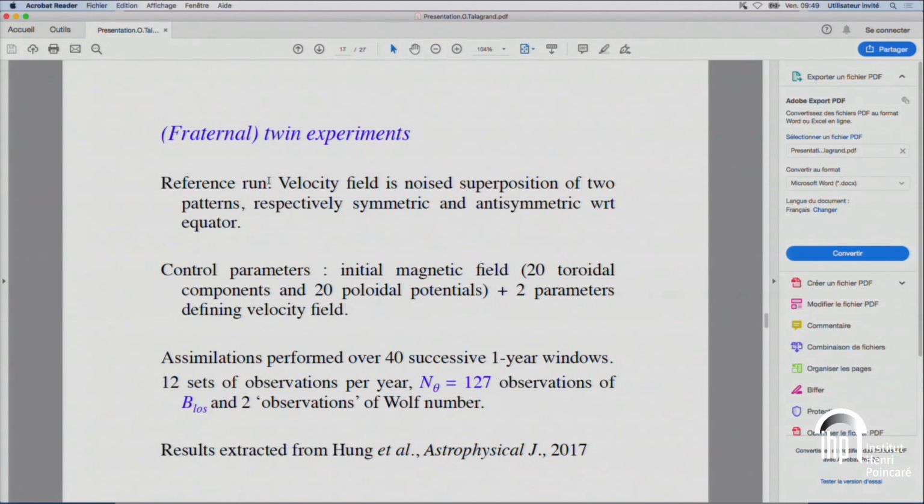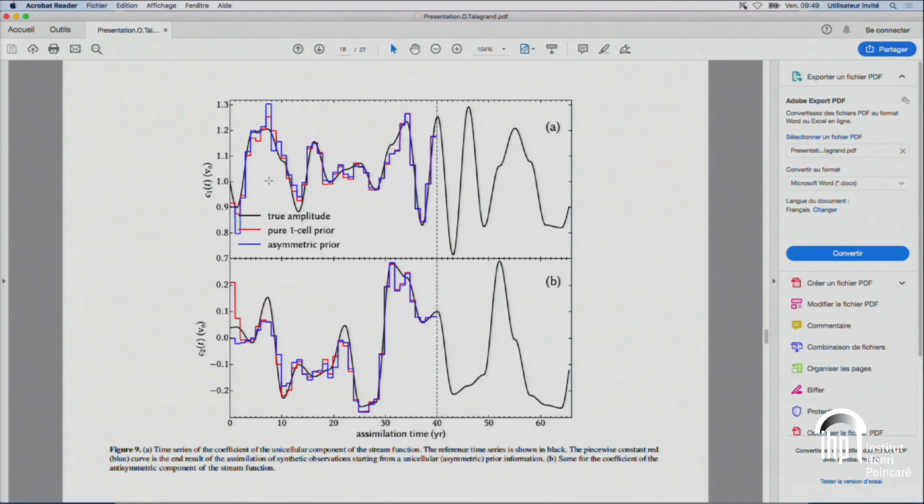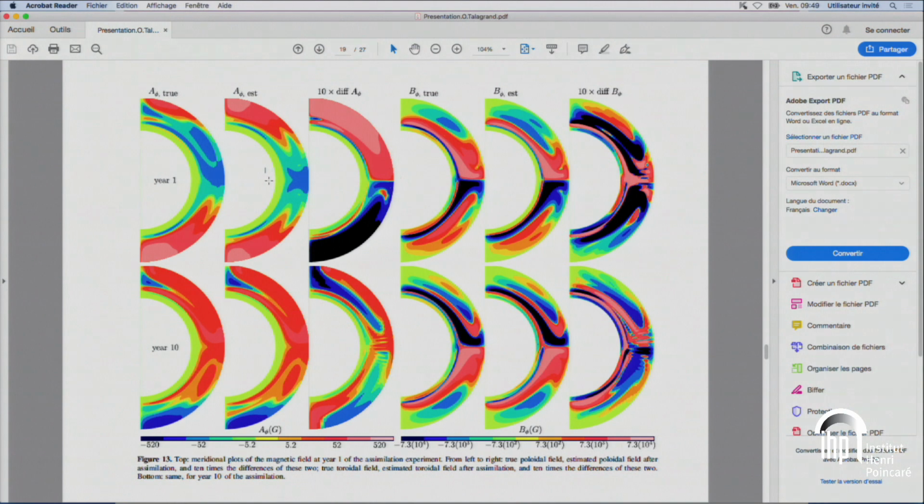So the assimilation has been performed over 40 successive one-year windows. Well, this shows that the coefficient of the velocity field is reconstructed to a satisfactory degree of accuracy. This shows the poloidal and the toroidal, the two components of the magnetic field. I will not comment on all that in detail.